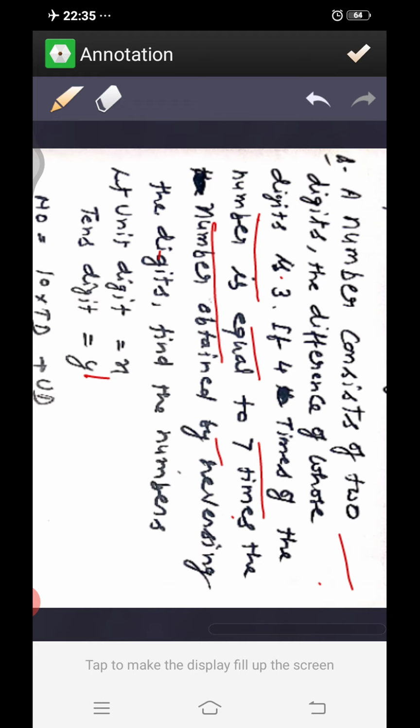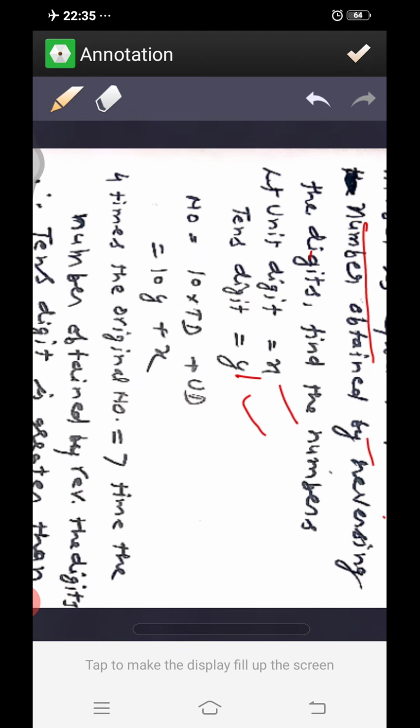Now we say let unit digit equal x, tens digit equal y. So a 2-digit number is always 10 into tens digit plus unit digit. So 10 into tens digit y and unit digit x, the number will be 10y plus x.